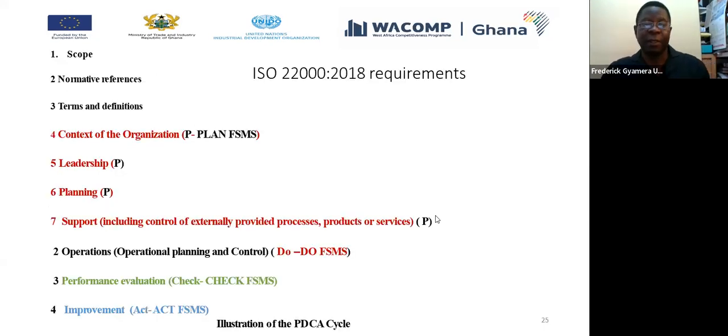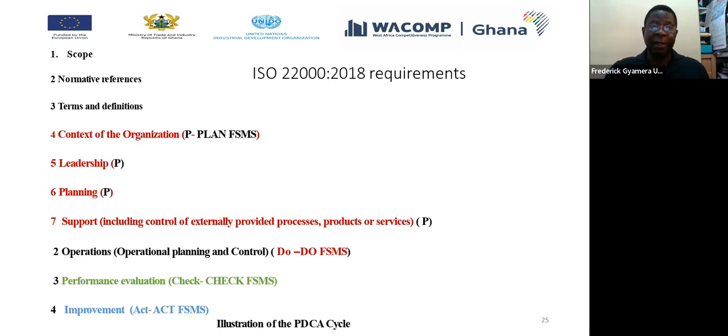I won't take you through the structure of the standard, but this is how it looks. The font in red cuts across all management system standards: clause 4, clause 5, clause 6, clause 7.